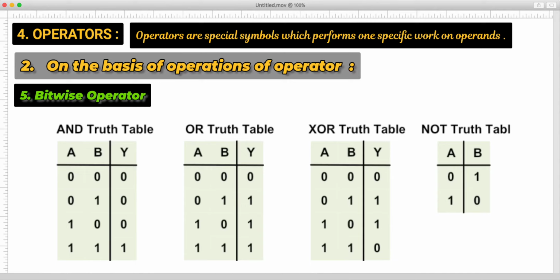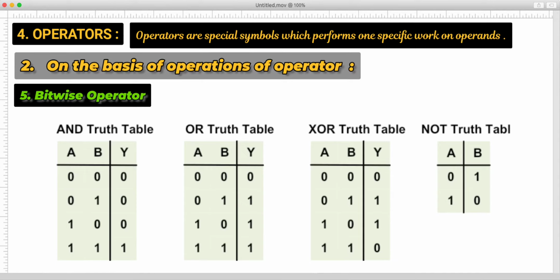Now here false and false is false, then 0 1, that is false and true, is also false. As I have told, if any one condition is false, then the result is false. So here 0 1 is 0, also 1 0 is 0, only 1 1 is 1. Only when both conditions are true, then it is 1.